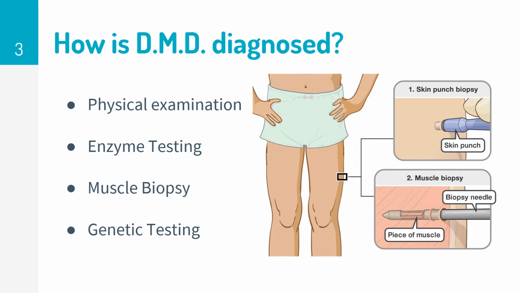But as I said, with genetic testing taking the forefront, this way of diagnosing isn't really used as much anymore. And that leads to genetic testing, which is used to analyze the DNA of cells of patients to see if there is a mutation of the DMD gene, which is the dystrophin gene. We'll be discussing that in the next slide when considering the genetic basis of this disease.